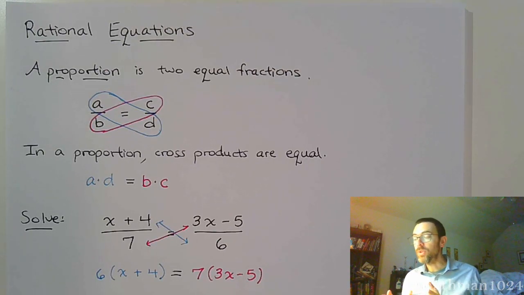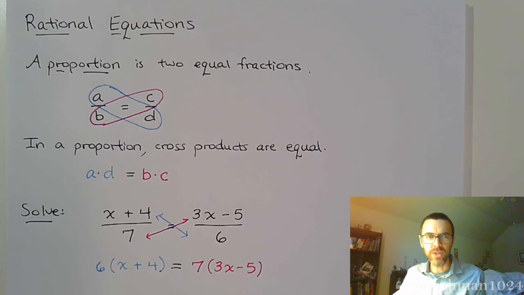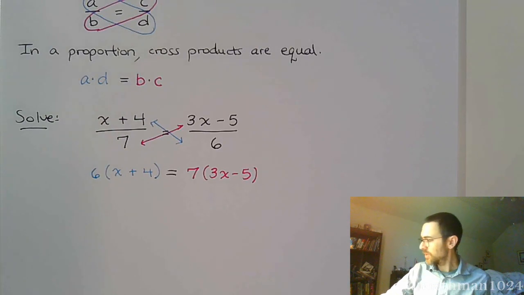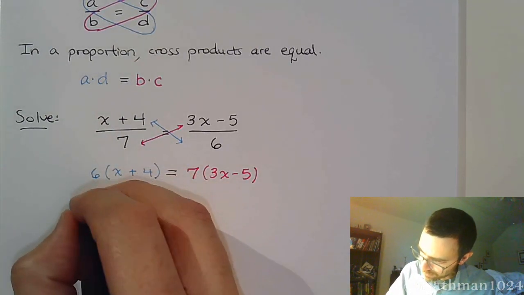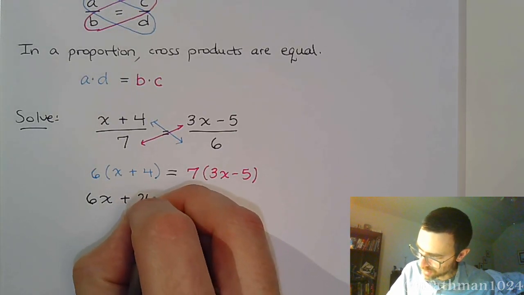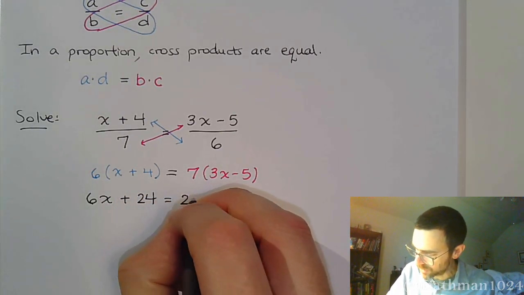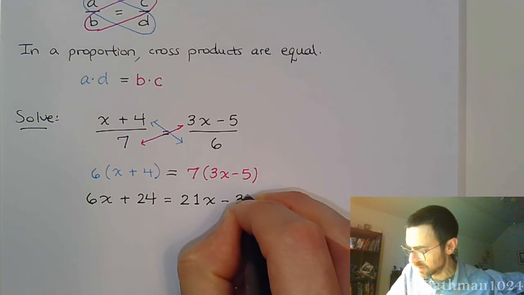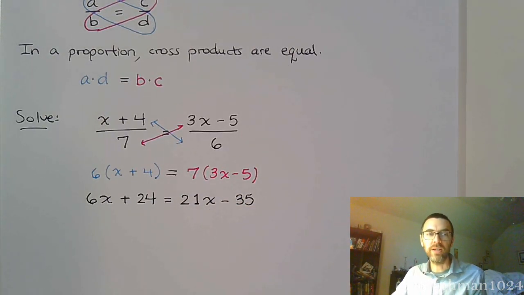And what we do is we go from having an equation that has two fractions into an equation that doesn't have any fractions. And so now we just solve this by distributing. So we get 6x plus 24 is equal to 21x minus 35. And it's just a normal linear equation for us to solve after this.